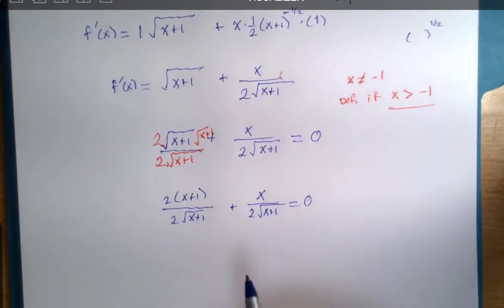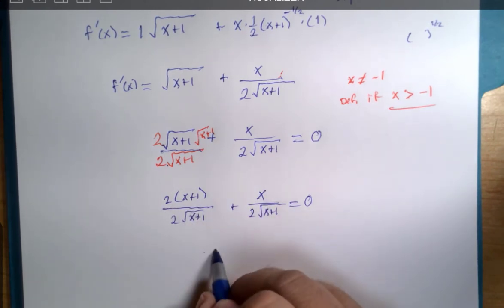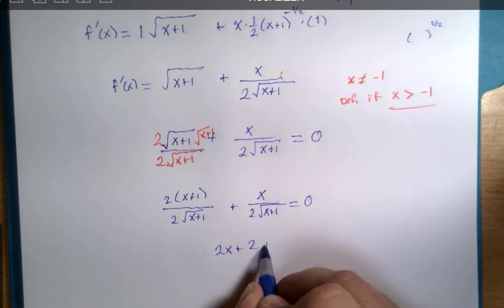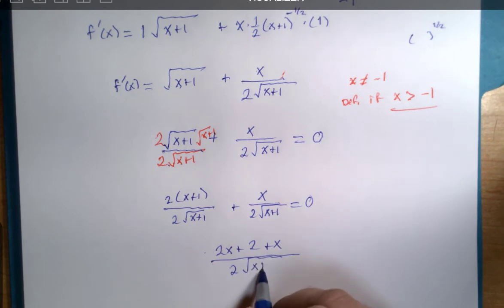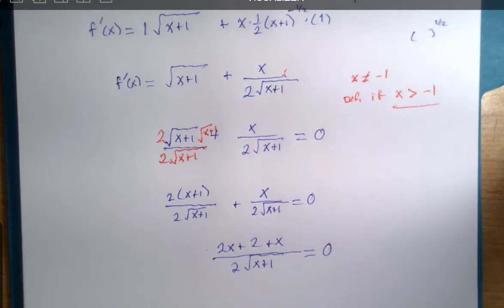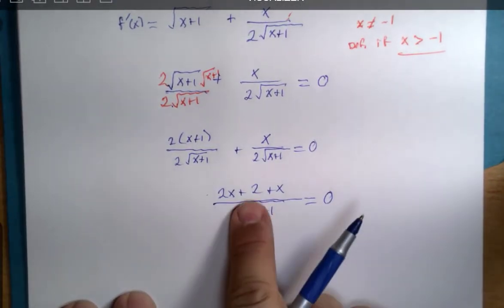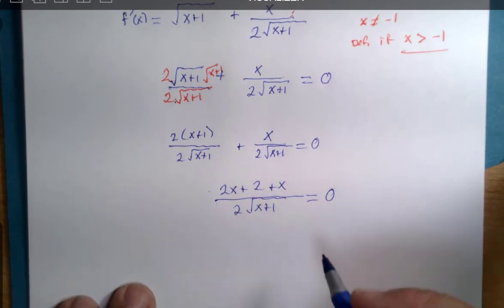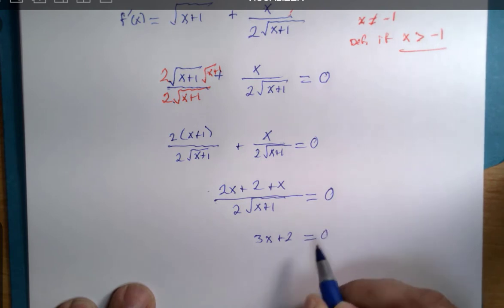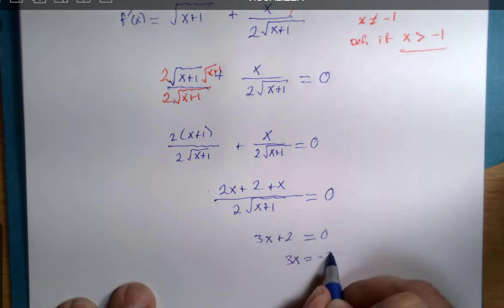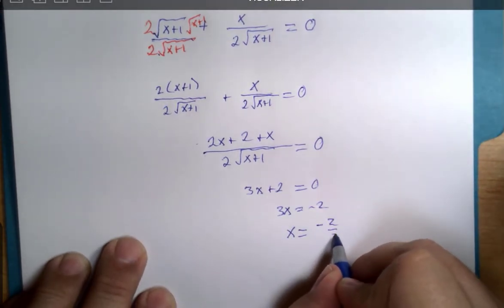And since they now have a common denominator, I can write this as 2x plus 2 plus x over 2 multiplied by the square root of x plus 1. And a fraction is equal to 0 when the numerator is equal to 0. 3x plus 2 equals 0. 3x is negative 2. x would be negative 2/3.